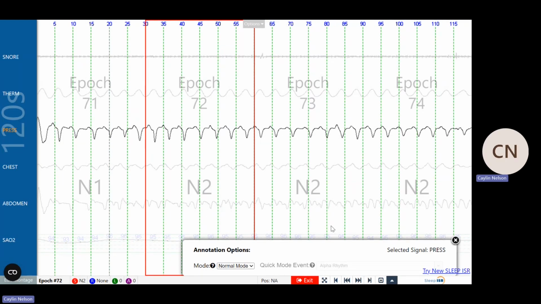We can look at the top and the bottom of each channel. So in this pressure channel, it seems to be pretty consistent. There are some slight changes that are happening. So we see a couple changes that happen between 10 and about 20 to 25 seconds.